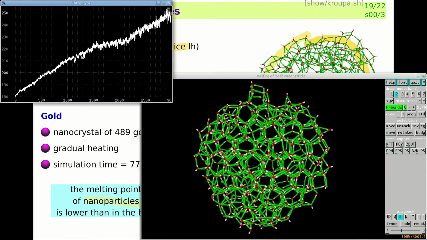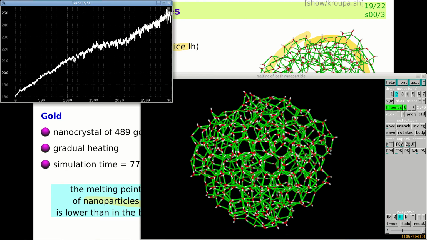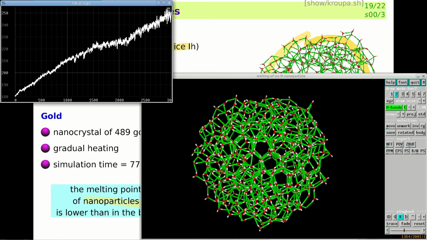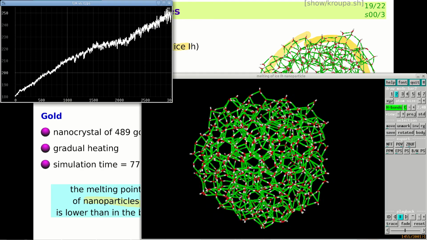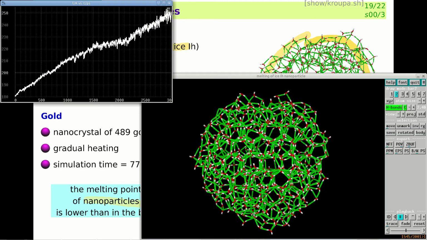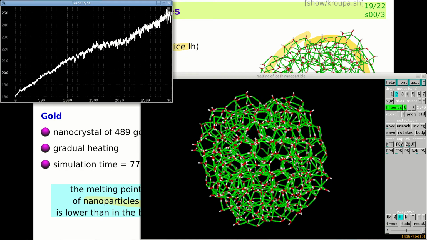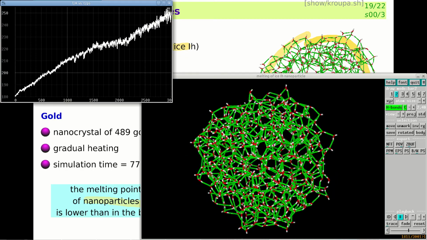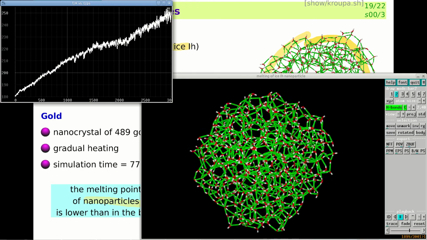So now we are coming about here. Still we have a crystal which is heated up, and now we are in the process of melting the nanoparticle, so the heating rate decreases.